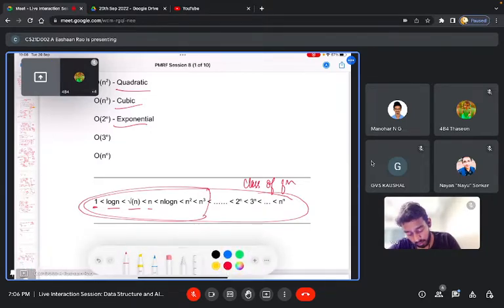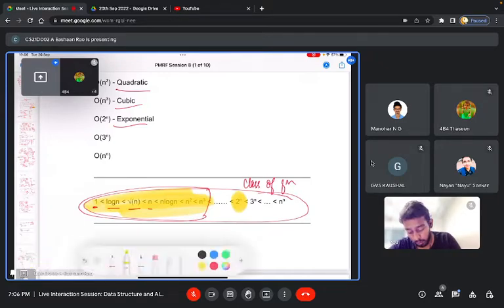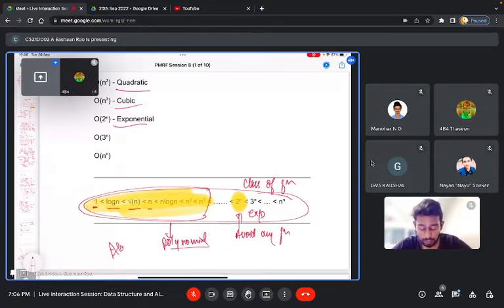We want our function to lie in this space, but we have multiple functions which lie in this space as well. So in algorithms we try to avoid any function whose time complexity is exponential. We try to make it polynomial. That's the area of research, particularly for the algorithm area.